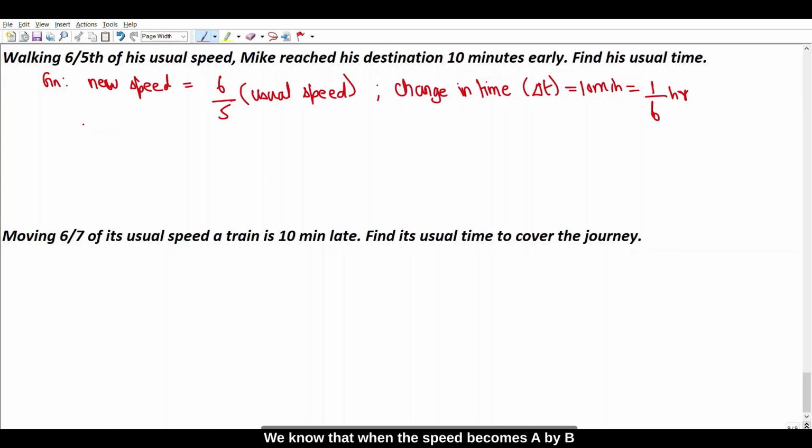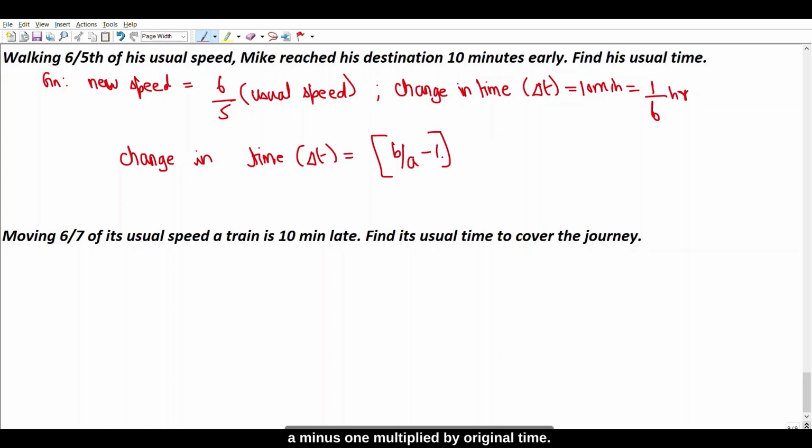We know that when the speed becomes a by b times of the original speed, and if he manages to reach the destination del t time early or late, then the changing time del t is equal to b by a minus 1 multiplied by original time.